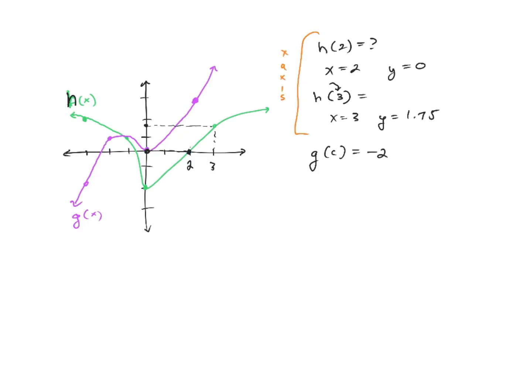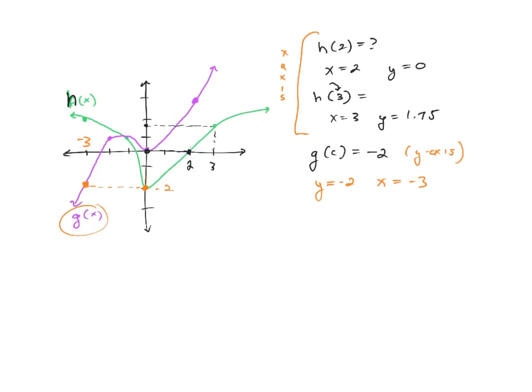Now we're looking at the y-axis for our -2, and making sure that we're focusing on our g of x function. So when our y is -2, our x was -3.